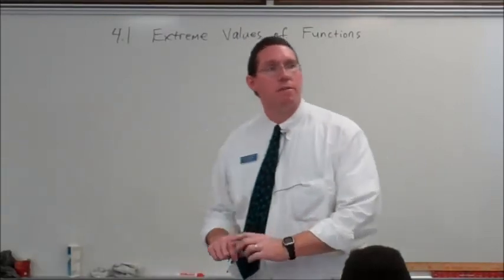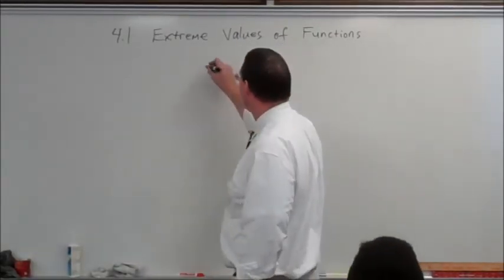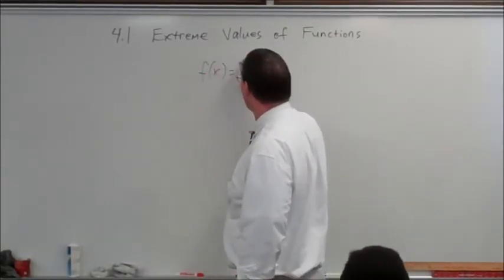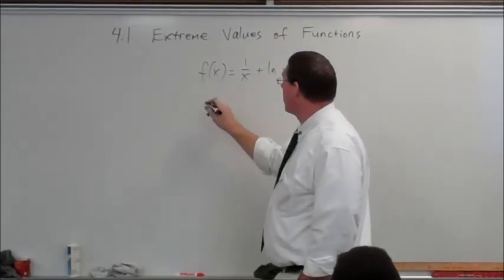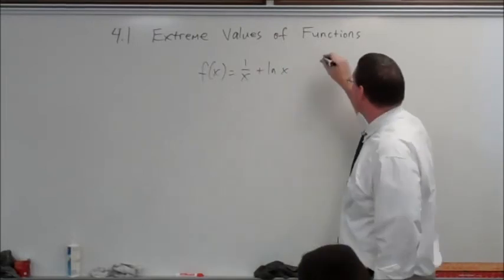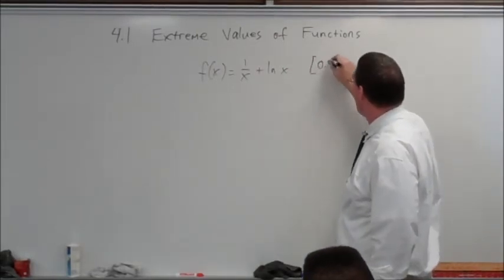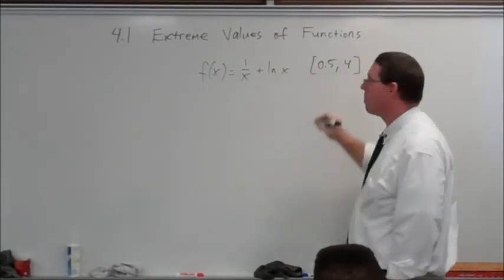And it says f of x is equal to 1 over x plus natural log of x, on the interval from 0.5 to 4.